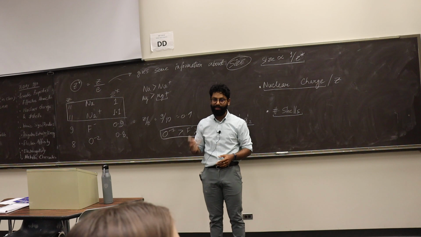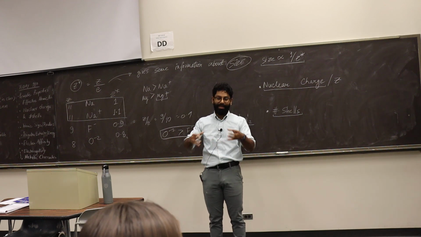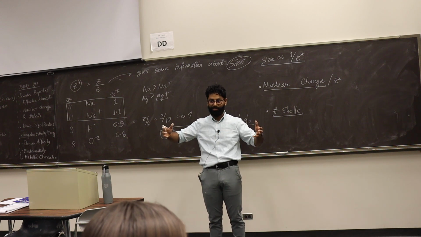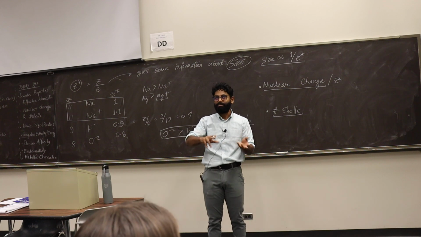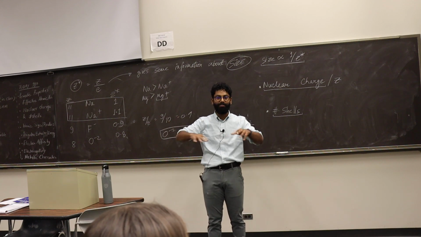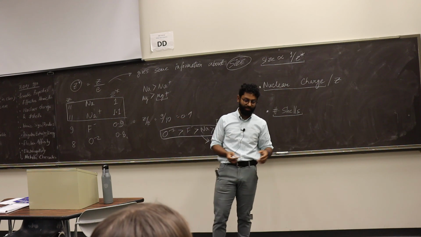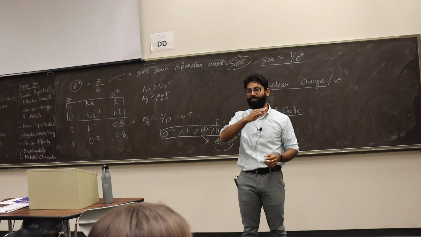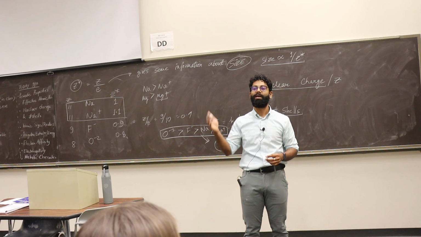Then came Newlands' law of octaves, in which elements were again arranged in increasing order of their atomic weights in seven series. There was a relationship with musical octaves, so it became Newlands' law of octaves. Then Mendeleev came and arranged elements in increasing order of atomic weights.